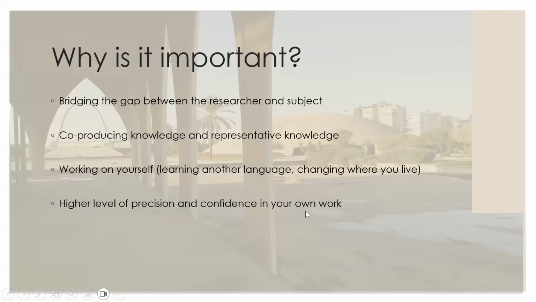So I'm not going to waste more time on this, but just basically horizontal knowledge: when you are really earning the respect of the community you're working with, there's some sort of horizontal knowledge exchange, and you can co-produce knowledge with this community.